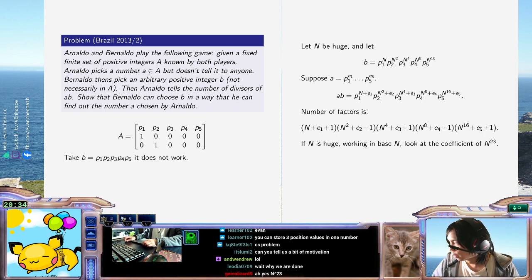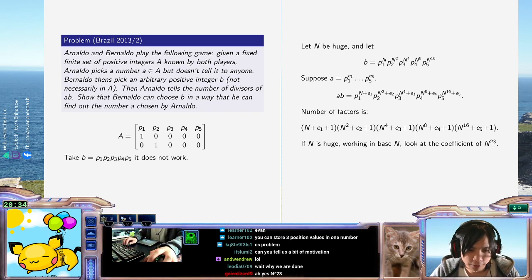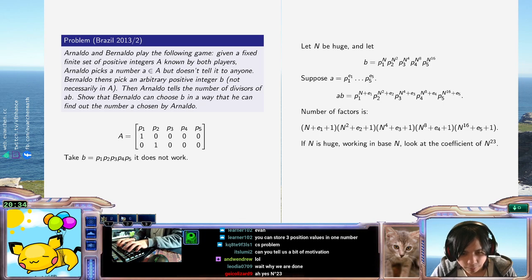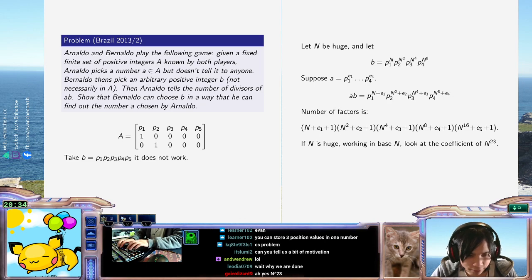Sorry, I think the p5 is actually distracting. Let me just do 4 primes. If I have 4 primes, and let me get rid of the plus ones, because that's actually distracting.